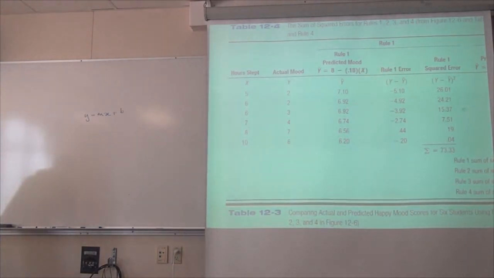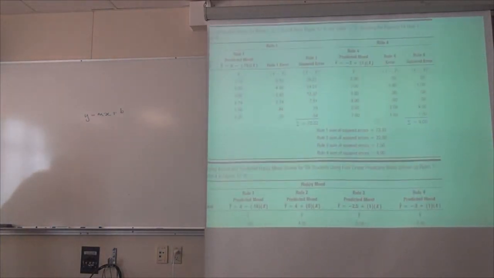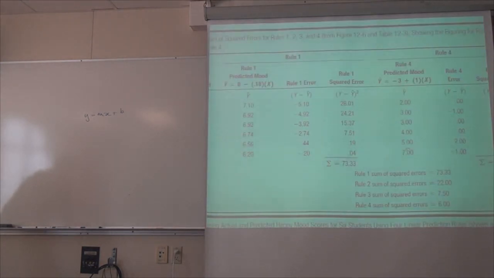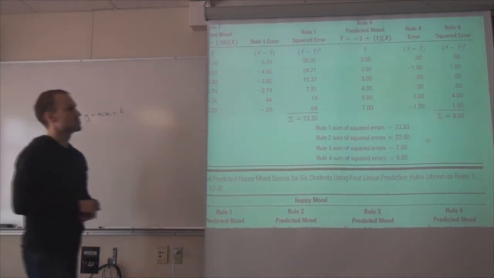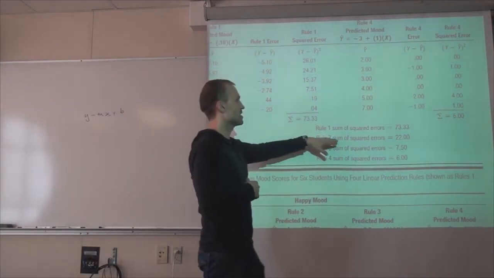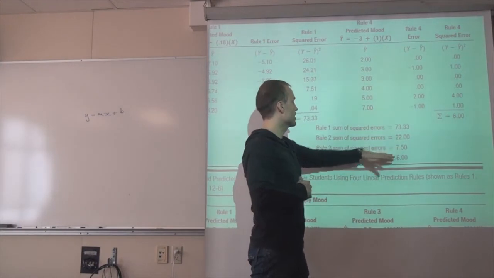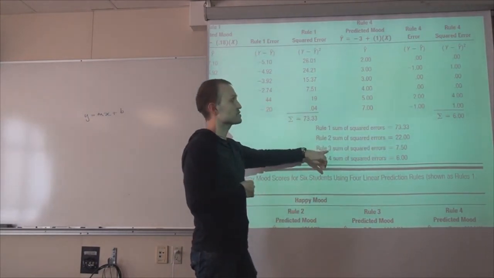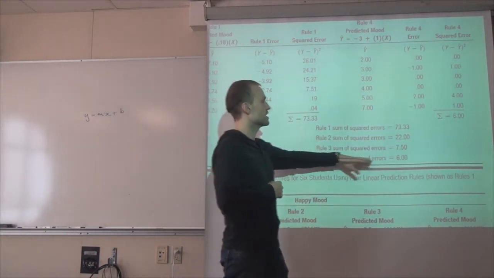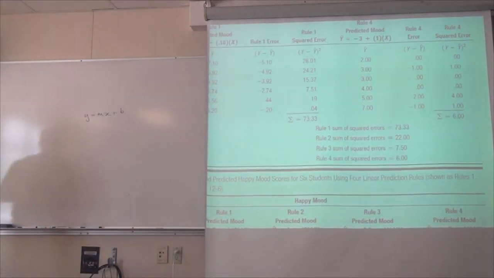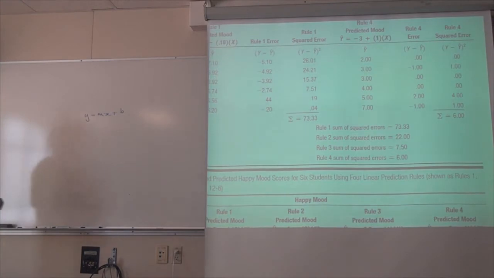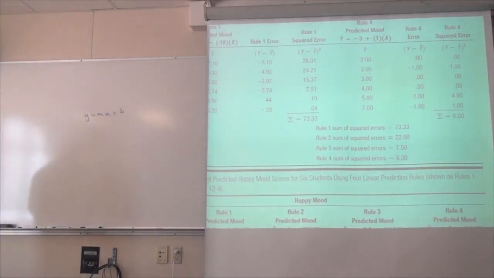So what I could do is look at all the squared differences, or the sum of the squares. And I see that rules 1 and 2 are fairly big. Rule 3 and 4, like I suspected when I looked at it graphically, had smaller overall squared errors.